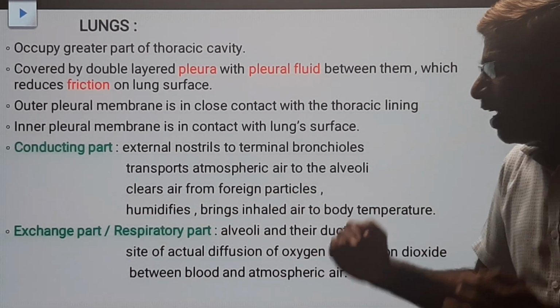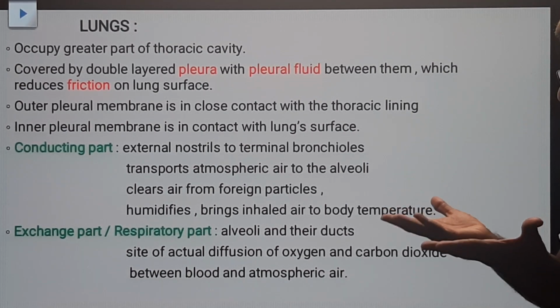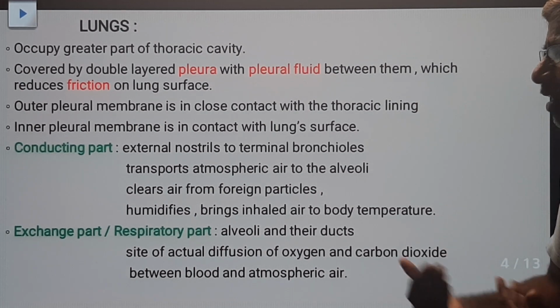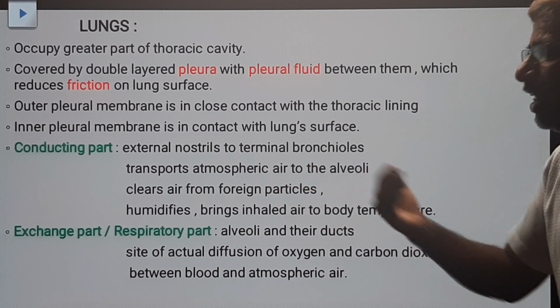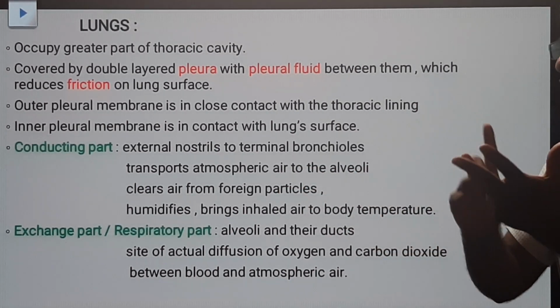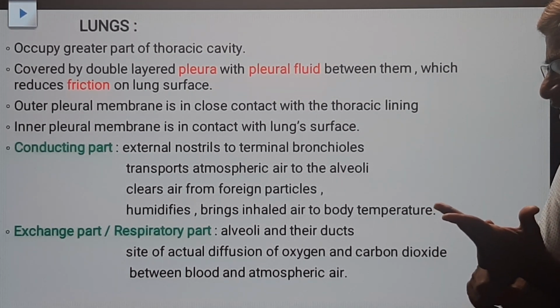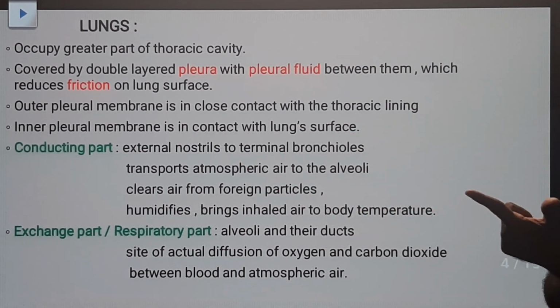Next, it humidifies the air and maintains the air at body temperature. This means it also acts as a natural air conditioner.